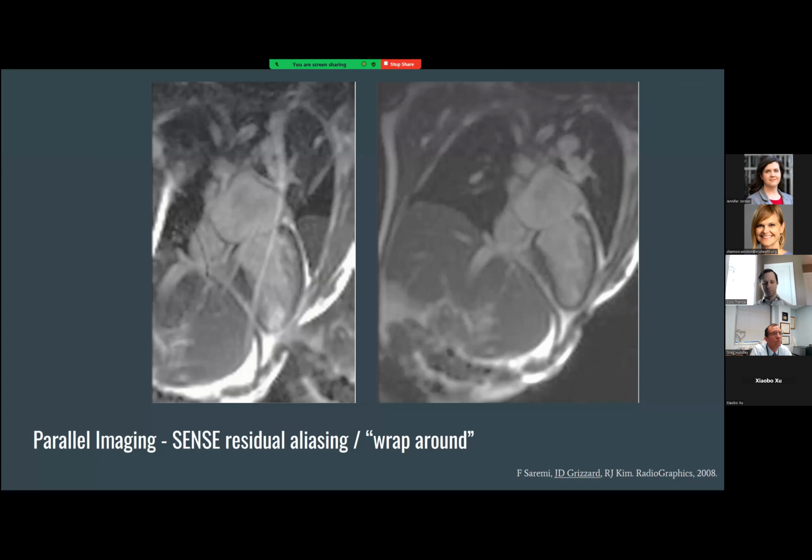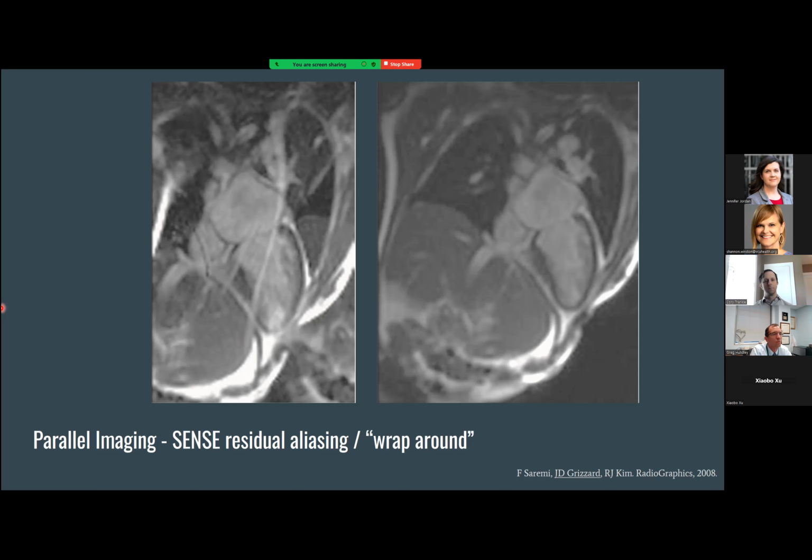So in this example image here, you have that characteristic, quote, wraparound artifact that occurs when the reconstructed field of view is smaller than the object that's imaged. And so you can see here a lot of wrap coming from the chest wall here into our cardiac area of interest.